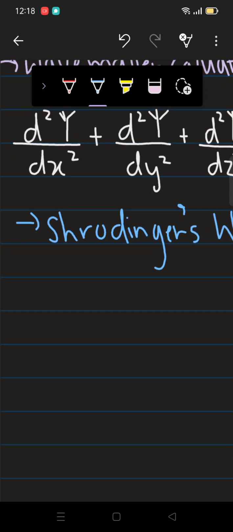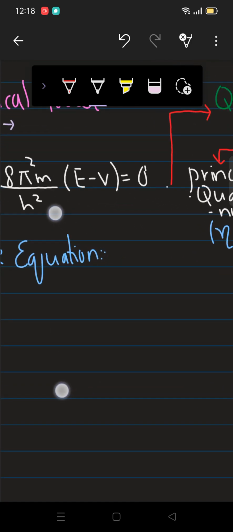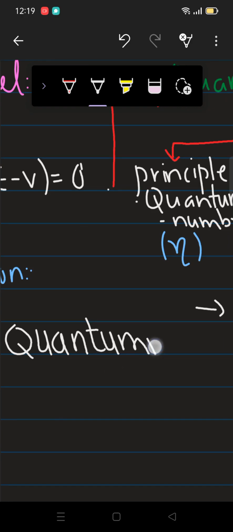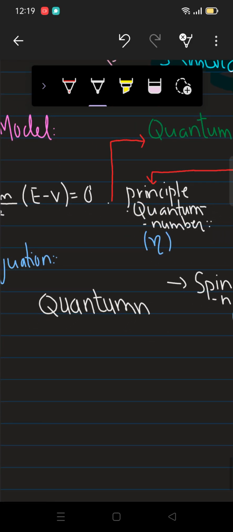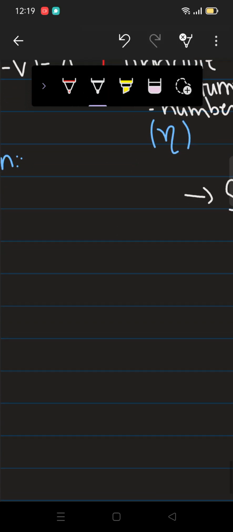So these four quantum numbers, initially let me write here: quantum numbers.